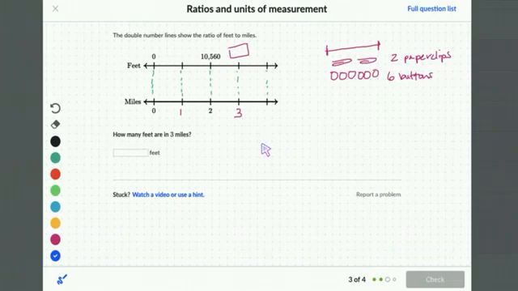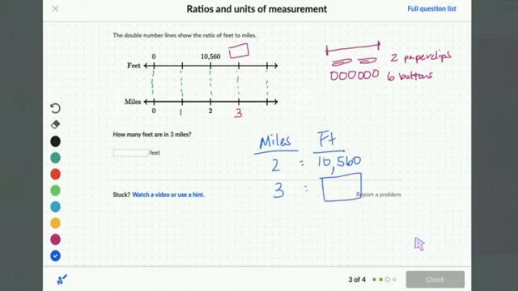So we have the miles over here, and we have the feet over here. We're making our labels. I have 2 miles for every 10,560 feet. And then I have 3 miles for who knows how many feet. We need to figure out the relationship, okay?